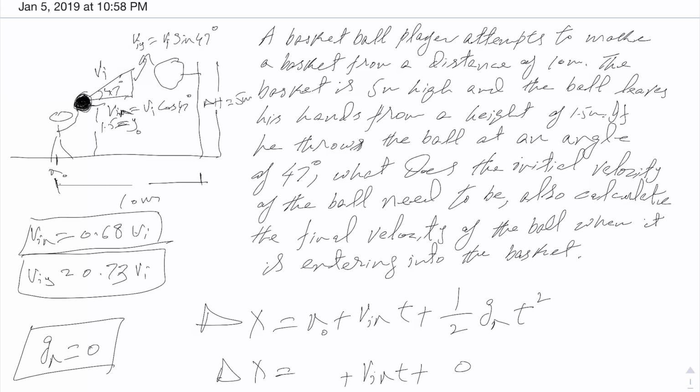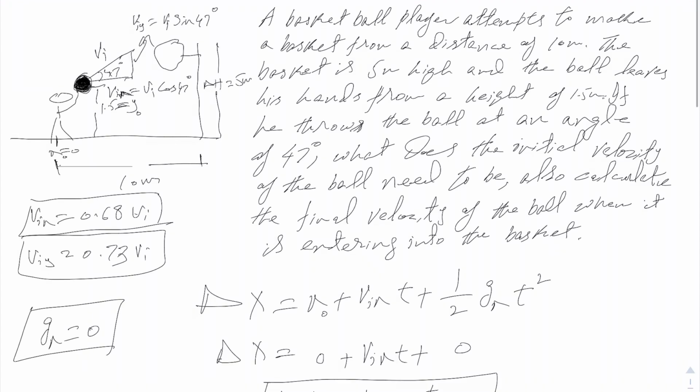So this value is 0 because the player is at the reference point, he's standing. So our equation will be delta x equals vix times t. This is the equation we are going to use.